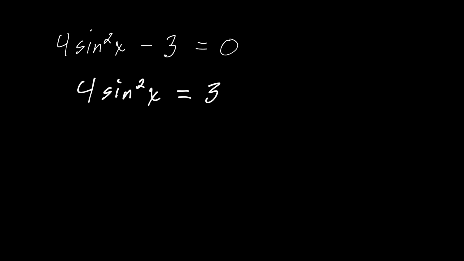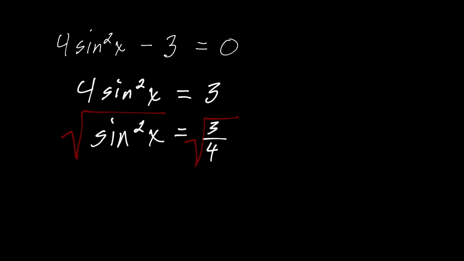Then sine squared of x is being multiplied by 4, so let's divide both sides by 4. That gives us another equivalent equation: sine squared x equals 3/4. The next thing we want to do, since we have a square here, is take the square root of both sides of this equation.